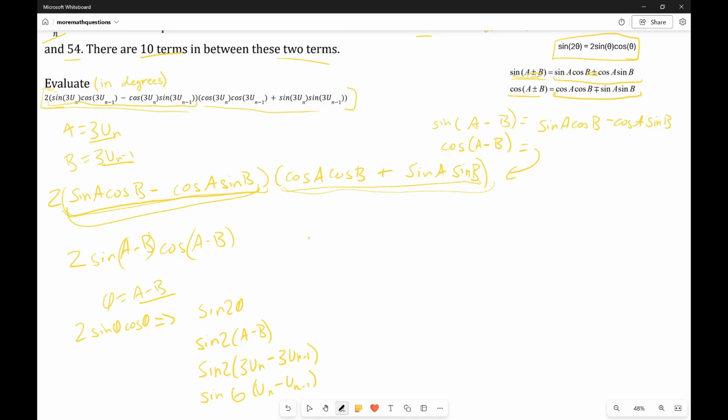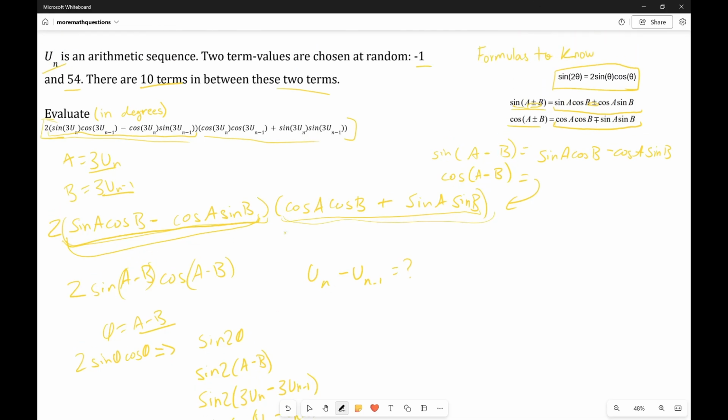But we don't know what un minus un minus 1 is, right? Well, that's because we haven't used the first part of the question, which is about the arithmetic sequence.